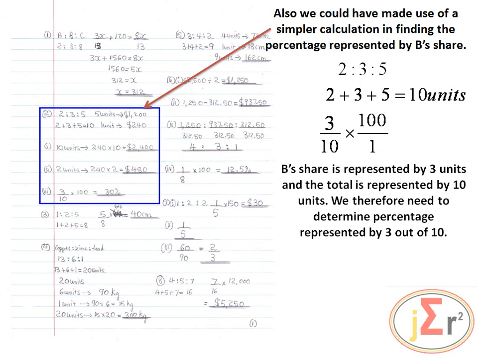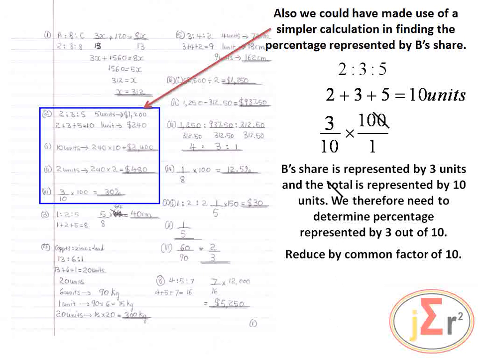So it is 3 units out of 10 units times 100, and no doubt we just reduce by a common factor of 10. And we usually do that from primary school by just striking off a 0 in the numerator, striking off a 0 in the denominator. 3 times 10 is 30, and that's all there is to it.